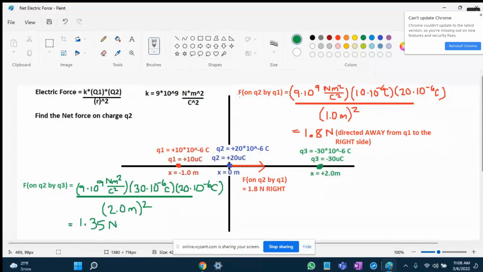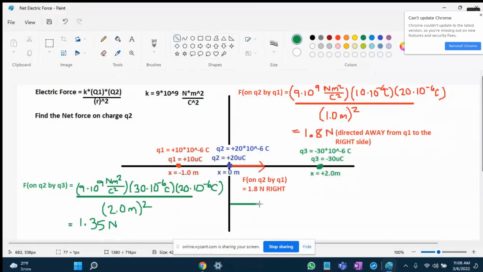Now, like I mentioned earlier, the force here would be an attractive force between Q2 and Q3. So Q2 would be attracted to Q3. So the force vector between Q2 and Q3 would be directed to the right, towards Q3.